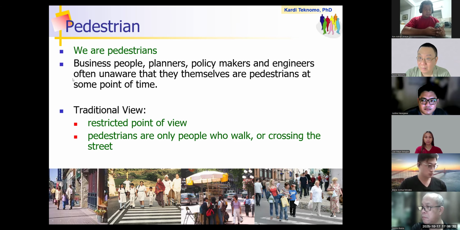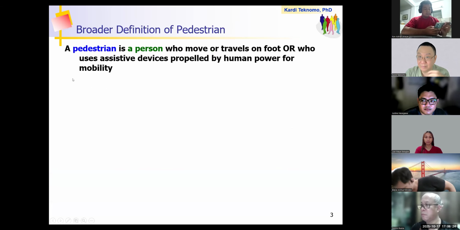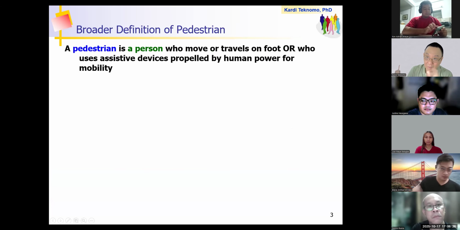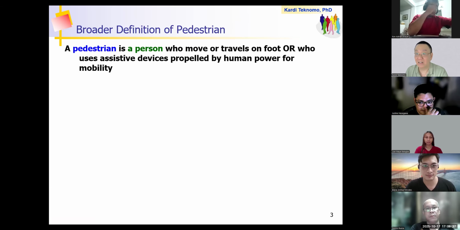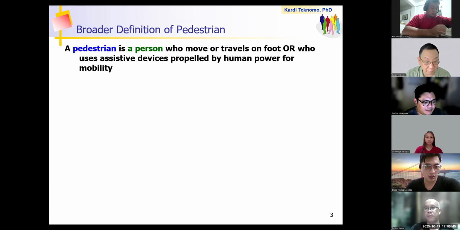If you start to think in a broader definition, a pedestrian is a person who moves or travels on foot, or uses an assistive device propelled by human power for mobility. So we define it based on mobility rather than based on the infrastructure. Can you see the difference?